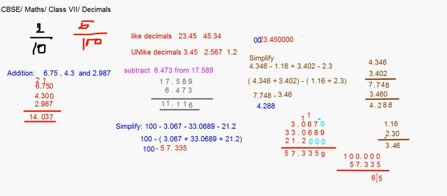Again, we will be getting a 6 for the same reason, keeping the decimal where it is. Then I'll be getting 2, and then it is 4. Hope I did it right. So it is 42.665, sorry, will be the answer.